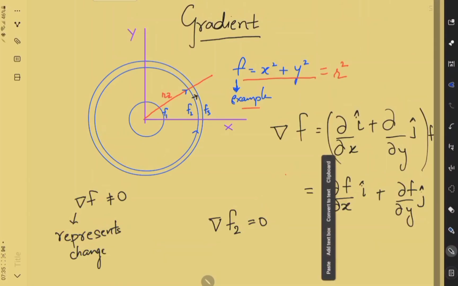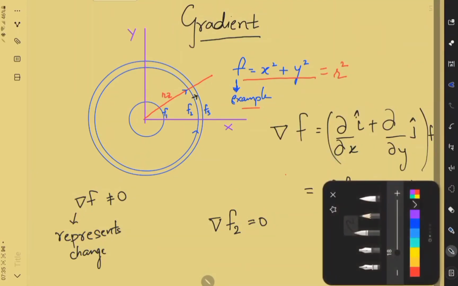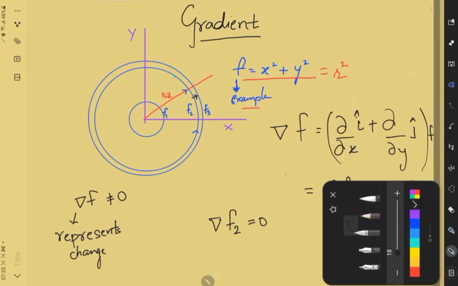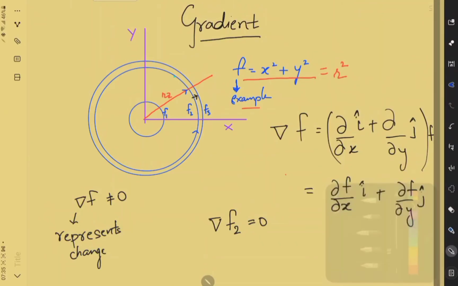So we want to know the direction of our gradient. Say at this point we move in some direction, say this direction.